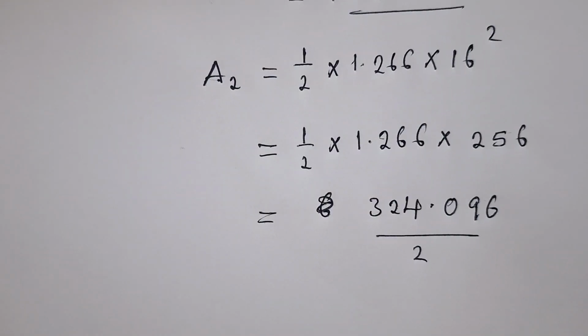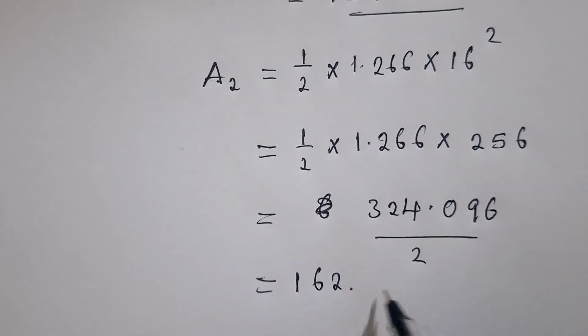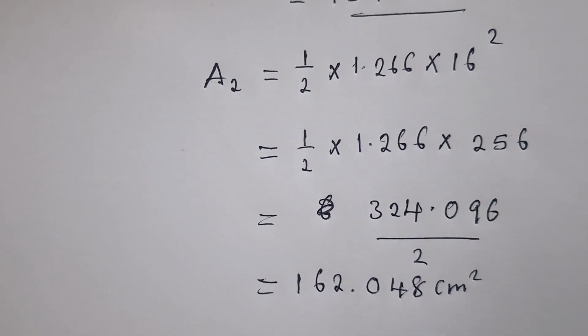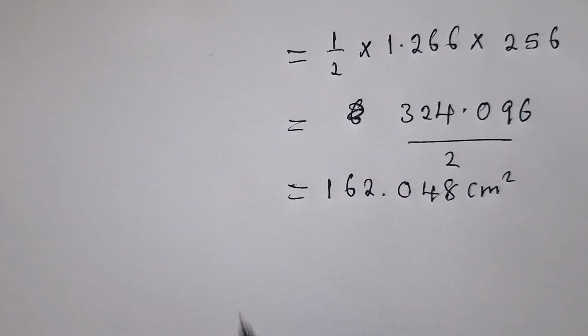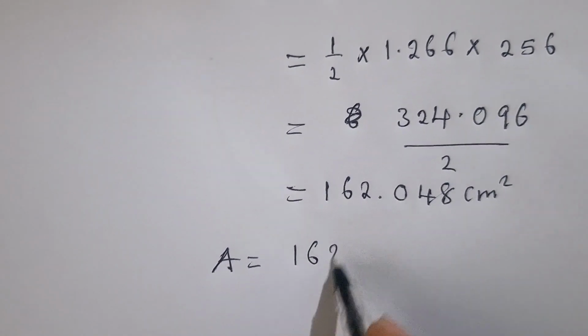Over 2, when you divide by 2, this gives us 162.048 centimeters squared.